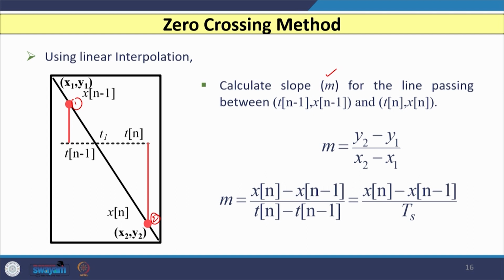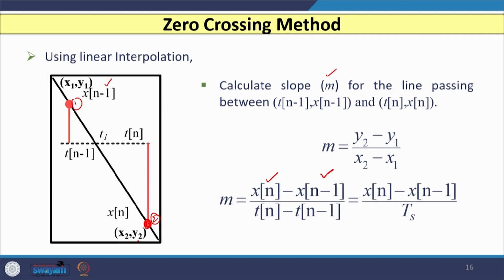So, in this case if I consider sample number 1 and 2, then y2 shown here is nothing but your x of n. For this sample, the value of the sample is x of n. Then I put here minus y1. So, y1 is nothing but x of n minus 1.